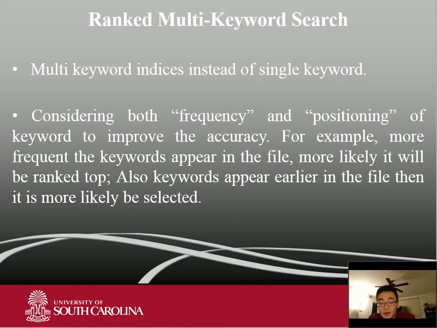If a keyword appears more frequently than other words in a document, then this document or this result will be ranked higher in the results than others. Also, for positioning, if a keyword appears in the title of an article, or nearer the front of a file, we also consider it more related.